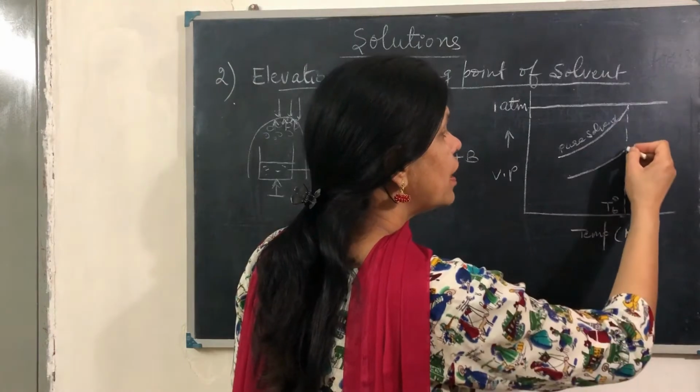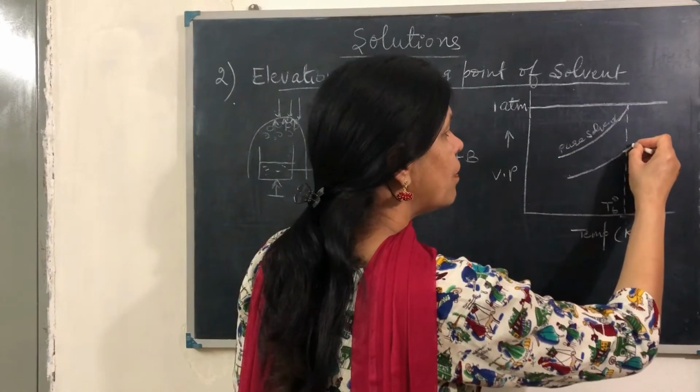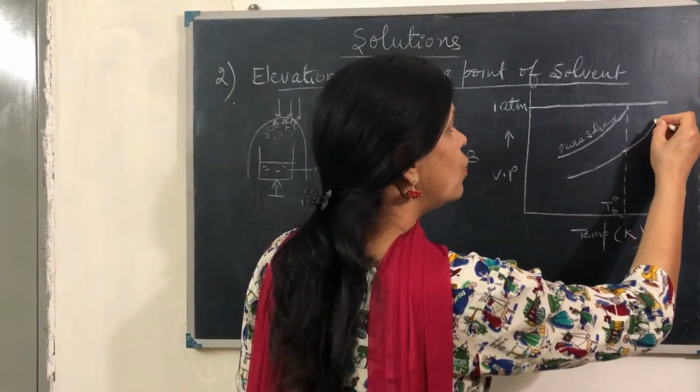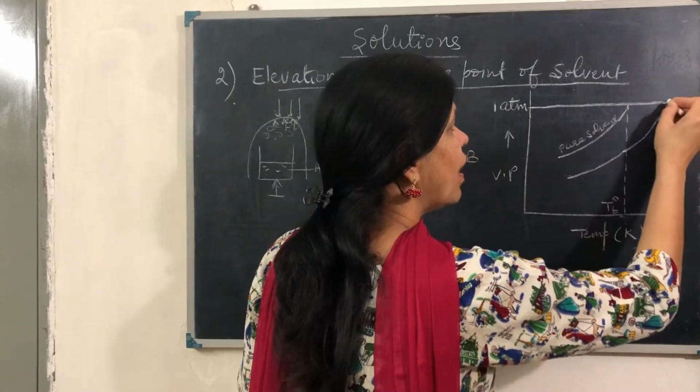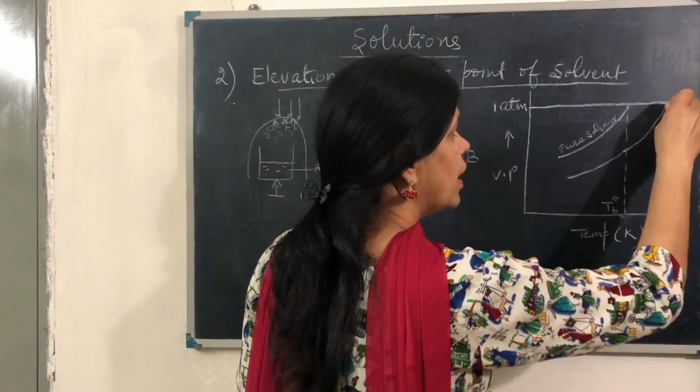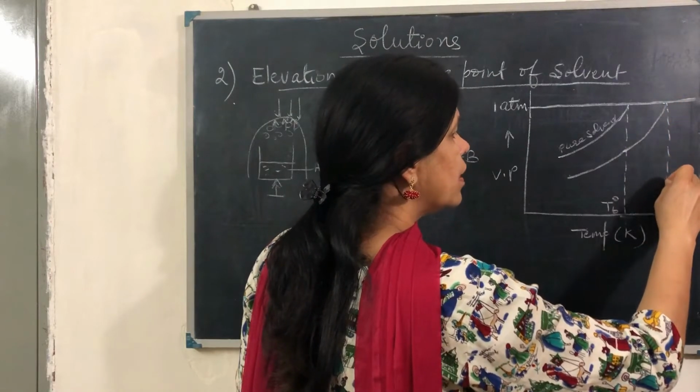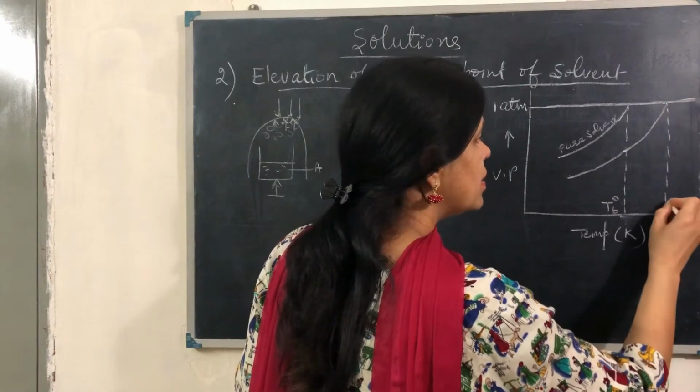We need to increase the temperature so that the vapor pressure becomes equal to 1 atm, and it will touch 1 atm pressure at this point, and corresponding to this the temperature is called TB.